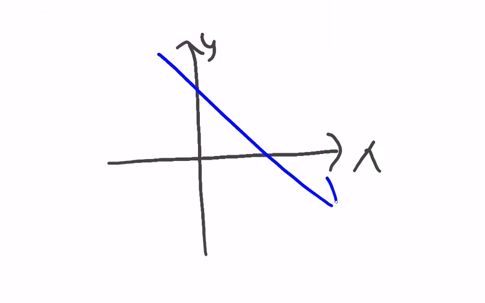Another example. This one would have no solution because, as we can see, even though one of them is not linear, they are not going to cross, and so that would be no solution.